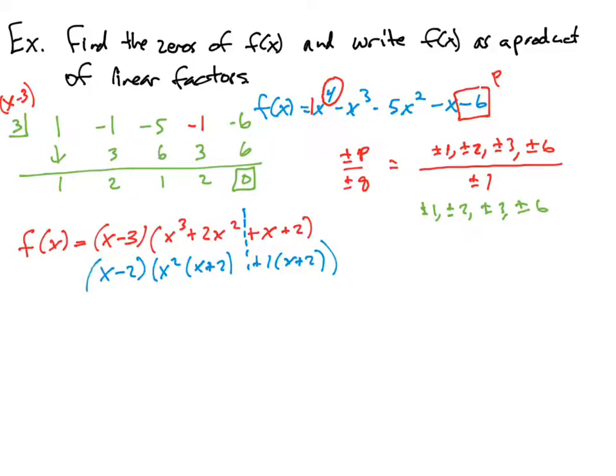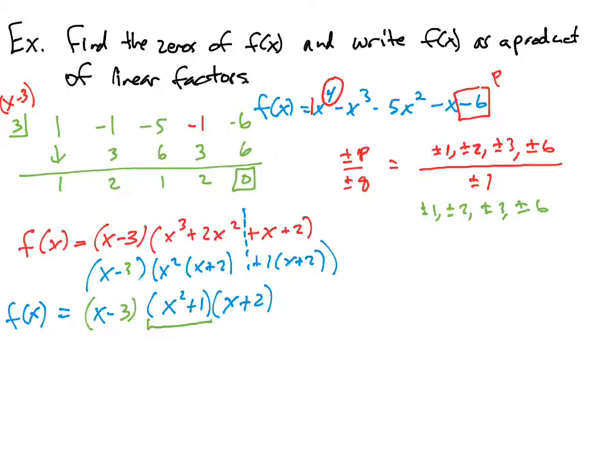We can factor this by grouping, so x minus 3, I'm just bringing down the x minus 3. All right, so finishing up the factoring by grouping, we have x squared plus 1 and x plus 2. That's our function.